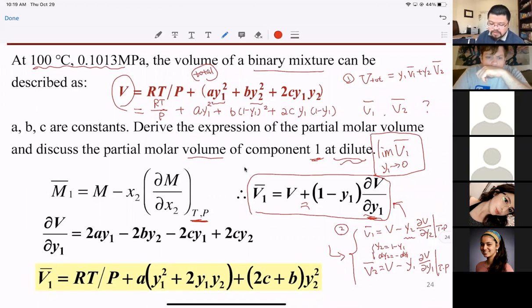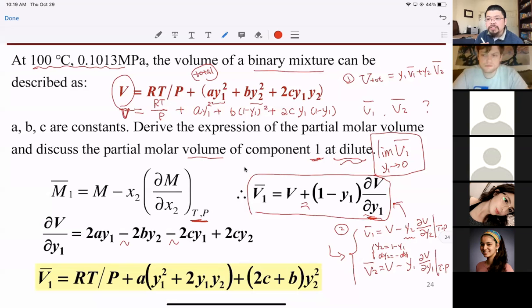Otherwise, you may feel a little bit confused by the two minus signs in front of the next step. So now you have this volume as a function of temperature, pressure, and Y1.